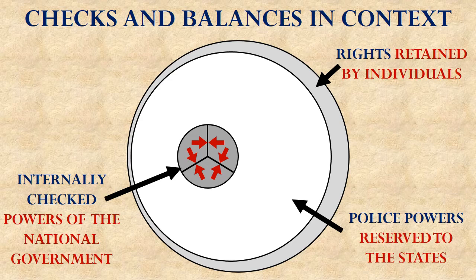The large white circles surrounding it are the powers that were delegated to the states and retained by them when the national government was created, what we can call the police powers. And then the thin gray ring around the white circle are those rights that were retained by the people when they created the state governments and turned most powers over to them.